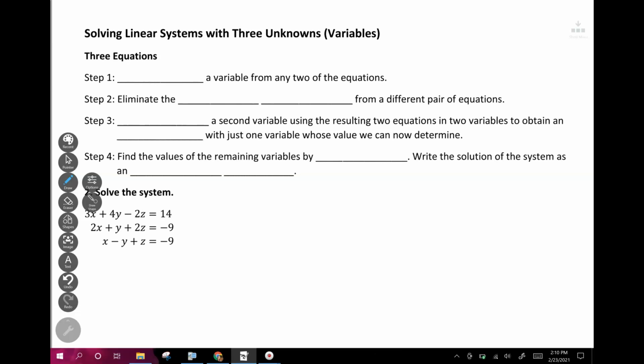All right, now let's learn how to solve a system with three unknowns, or three variables. If there are three equations, the first thing you want to do is eliminate a variable from any two of the equations.